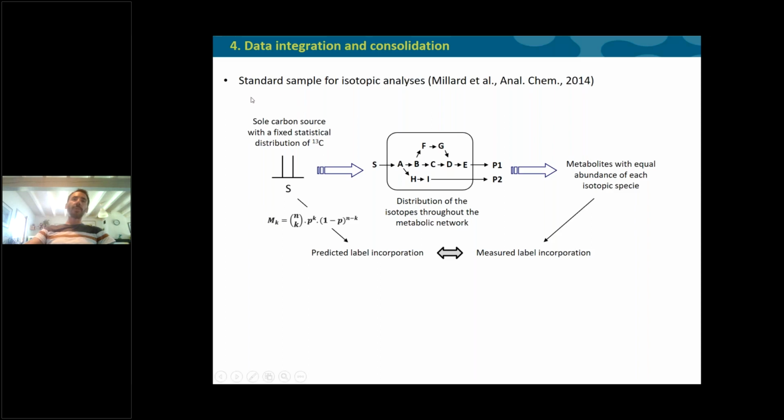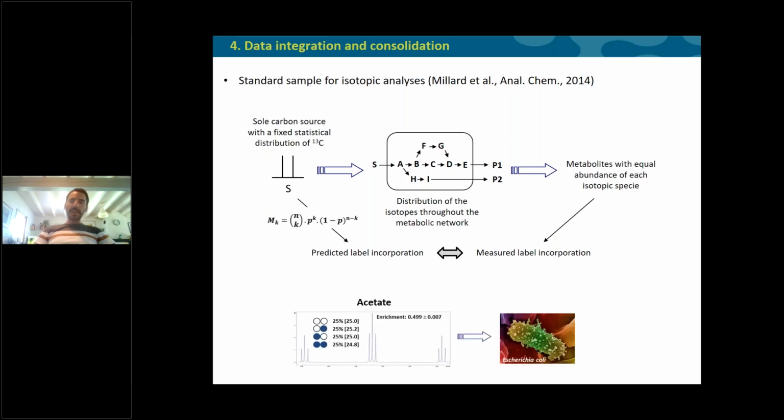Basically, we grow a microorganism with a defined carbon source, which has been designed to be able to predict the label incorporation independently of the fluxes. And we measure the labeling in the metabolites, and we can compare the predicted measurement to the experimental values to make sure that we have high quality data.